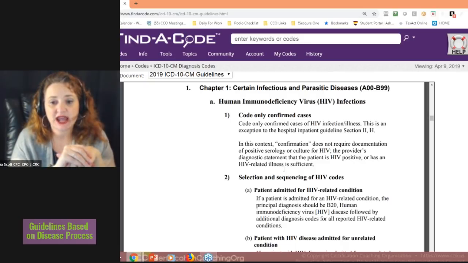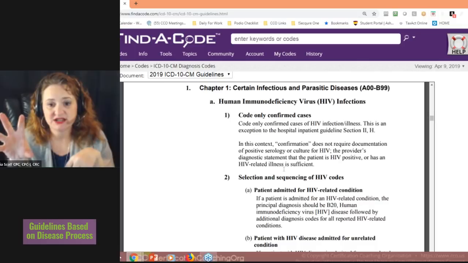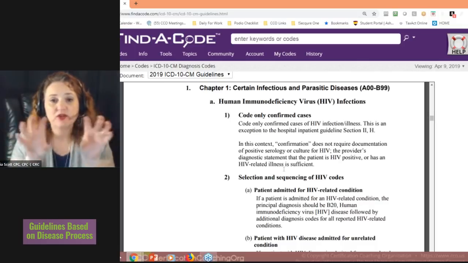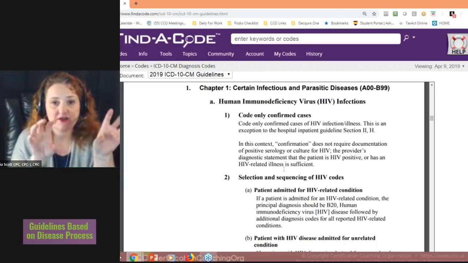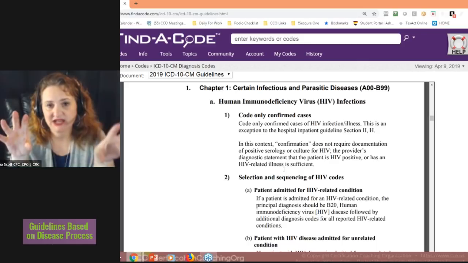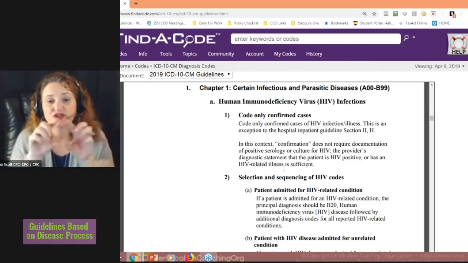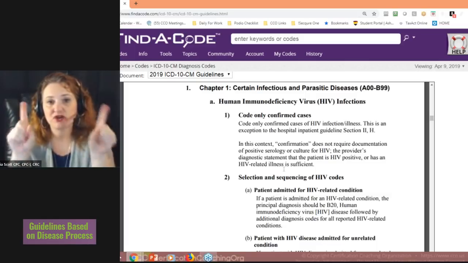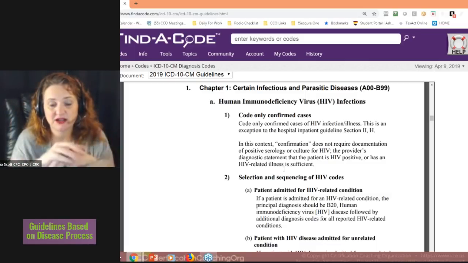So if a person is HIV positive, they're Z21, right? But if they have AIDS and it manifests itself, it's B20. But you never code those together, because they either have AIDS or they don't, right? Now, a person that has AIDS is HIV positive, that's just a given, but a person that is HIV positive doesn't have AIDS unless they become symptomatic, right? So the disease process tells us you never code those codes together.